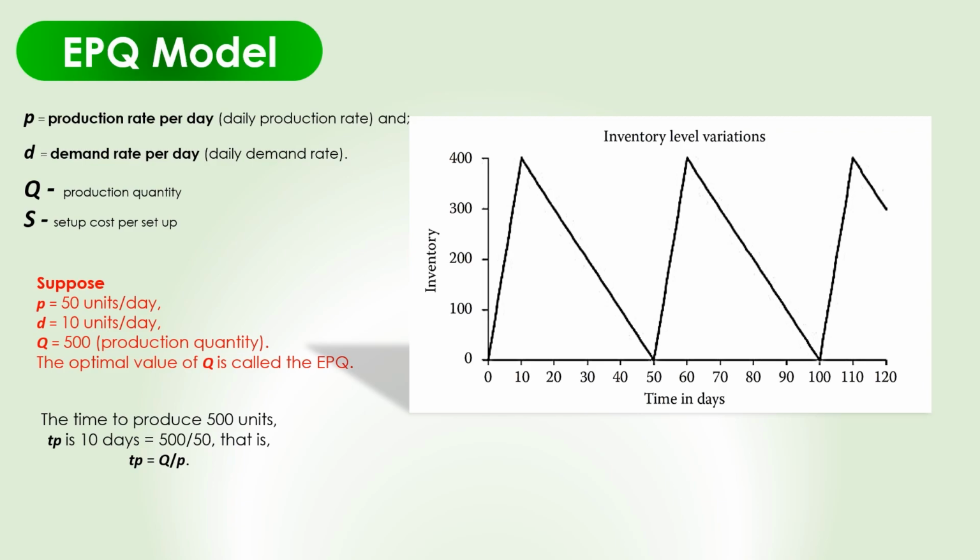So, in a span of 40 days, mauubos na yung ating inventory na 400. And then, we again start to produce the production quantity, which is the 500. So, the production cycle consists of 50 days. Total production cycle is 50 days. And this is how the cycle continues.